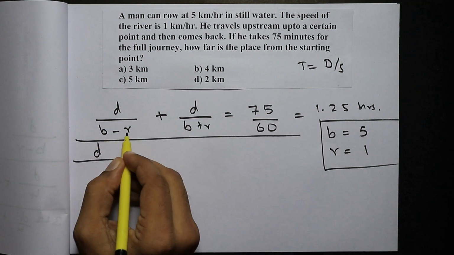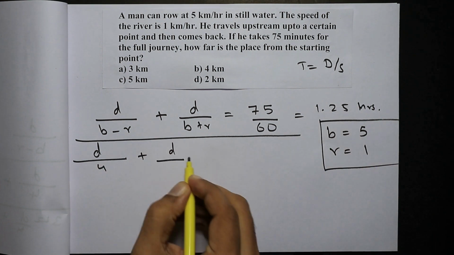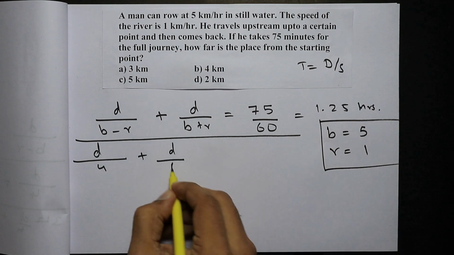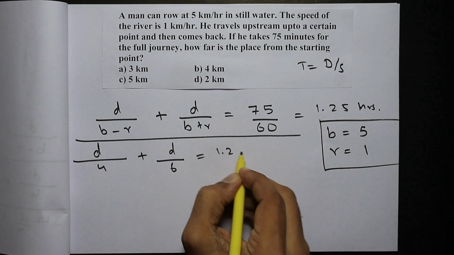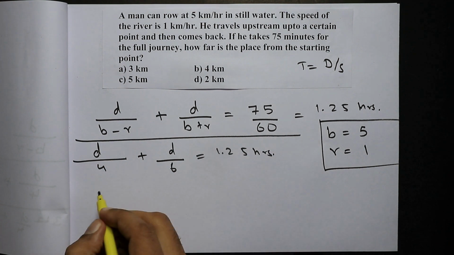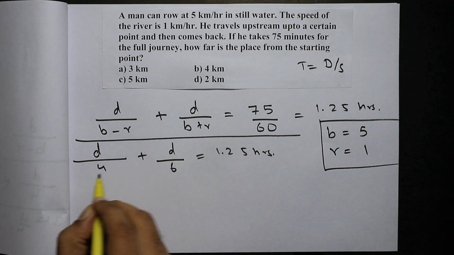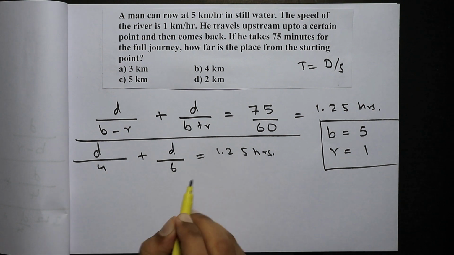D by B minus R, that is 5 minus 1 is 4, plus D by B plus R, 5 plus 1 is 6, and that is equal to 1.25 hours. Now to solve this equation, I will multiply by the LCM of 4 and 6, that is 12. So all the denominators will go off.